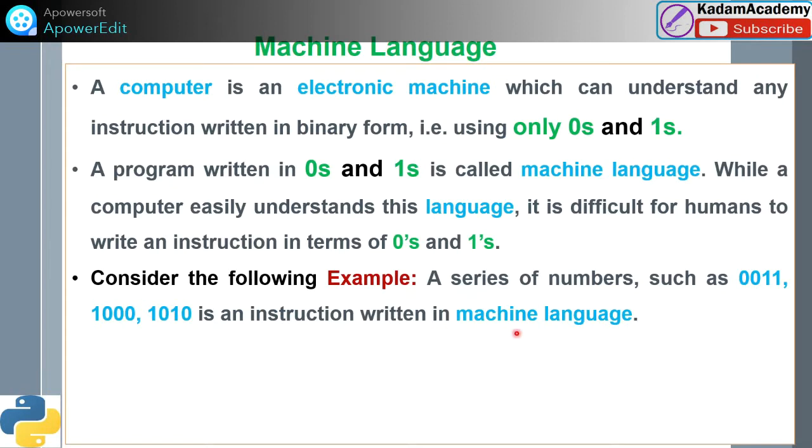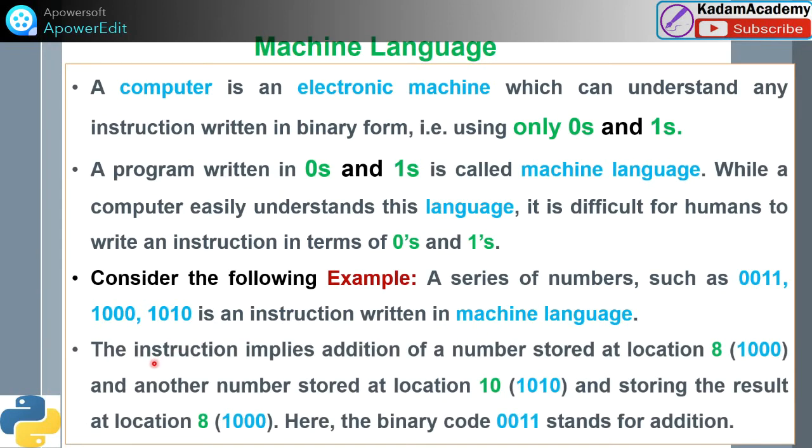So what is the actual meaning of this? The instruction implies addition of the number stored at location 8, which is represented by 1000, and another number stored at location 10, 1010, and storing the result at location 8, 1000.